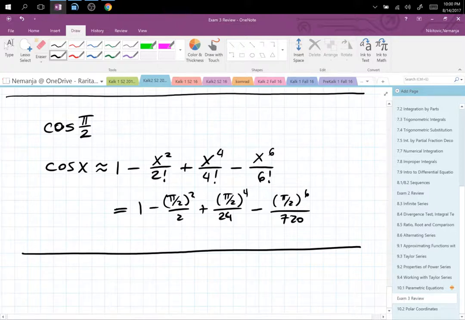And that's 9.4. I did a problem for limits earlier. Here are the definite integrals. Here is problem 38.